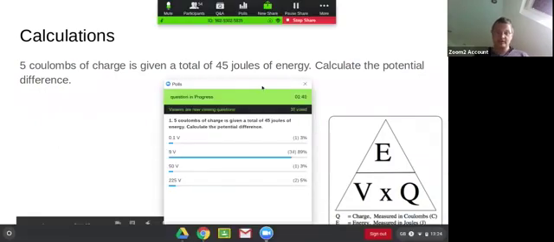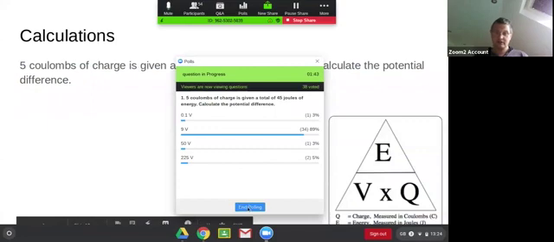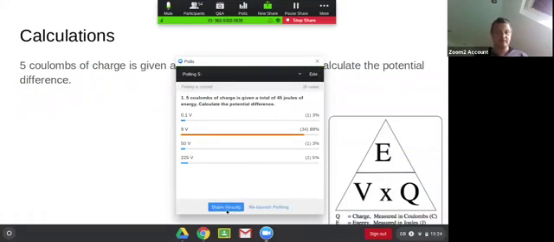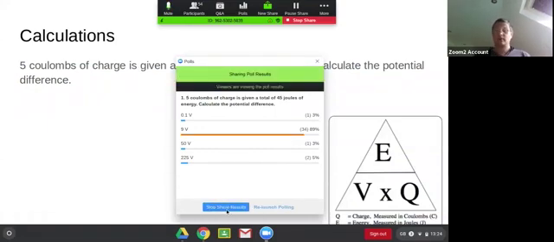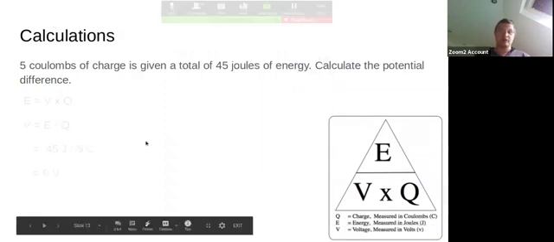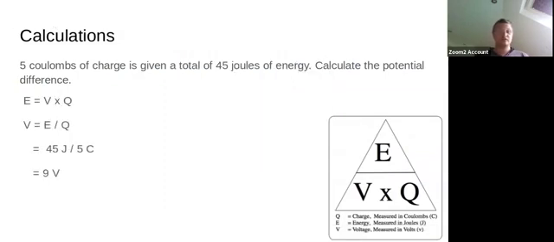So let's see. Good job. 89% of you getting that right. Well done. And just a few of you, someone has divided it the wrong way round. You needed to get the energy is 45, the charge is 5. So you do 45 joules divided by 5 coulombs is 9 volts.